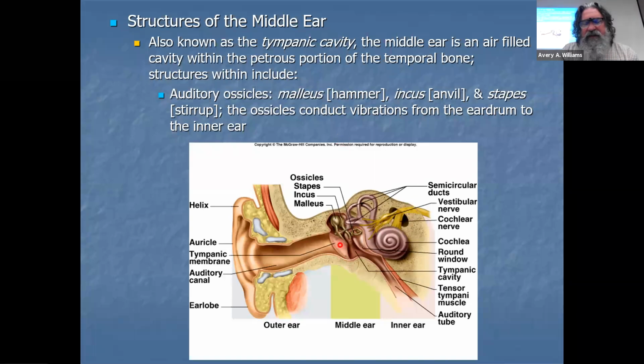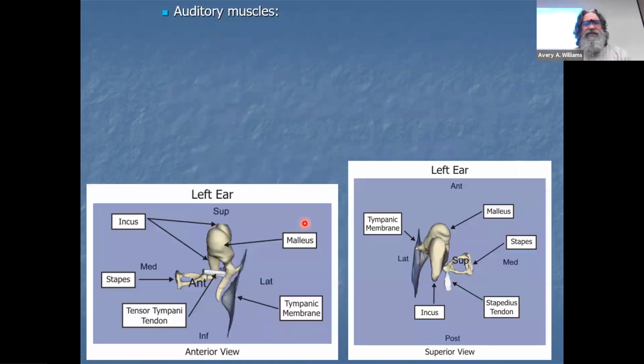So the eardrum vibrates, and the back of the eardrum is the malleus. The malleus vibrates because it's connected to the eardrum. The malleus is connected to the incus, connected to the stapes, and the stapes is connected to the side of your skull. It's vibrating, and on the other side of the skull is your inner ear, where all the sensory structures are. They're going to detect those vibrations. Okay, those are the ossicles.